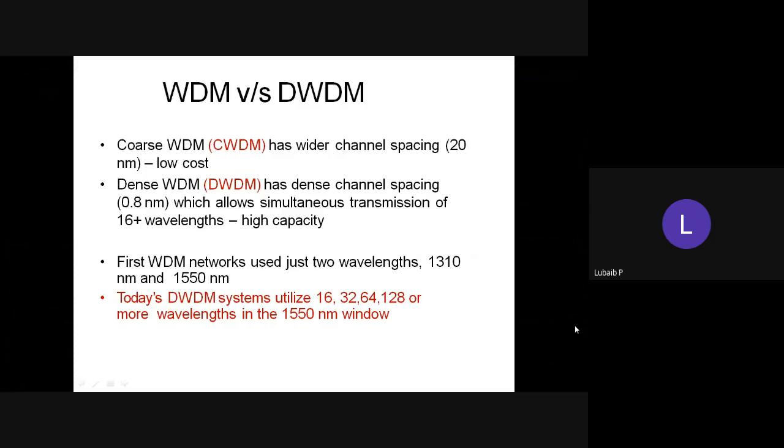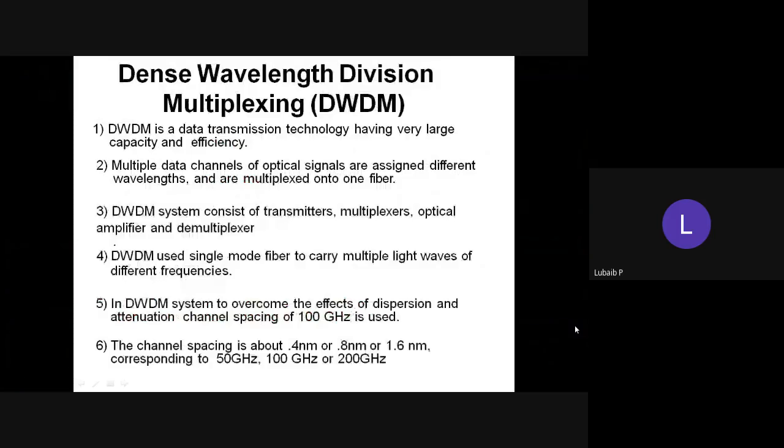So dense wavelength division multiplexing (DWDM) is a data transmission technology having very large capacity and efficiency.